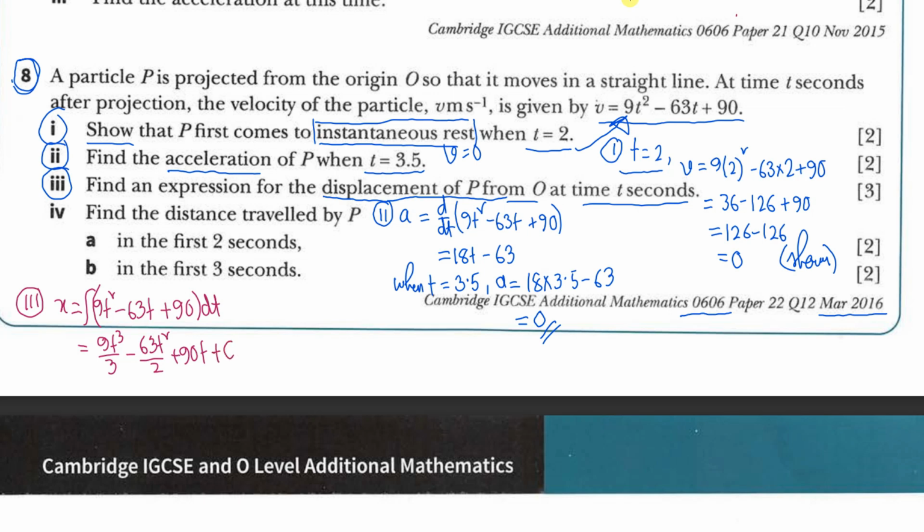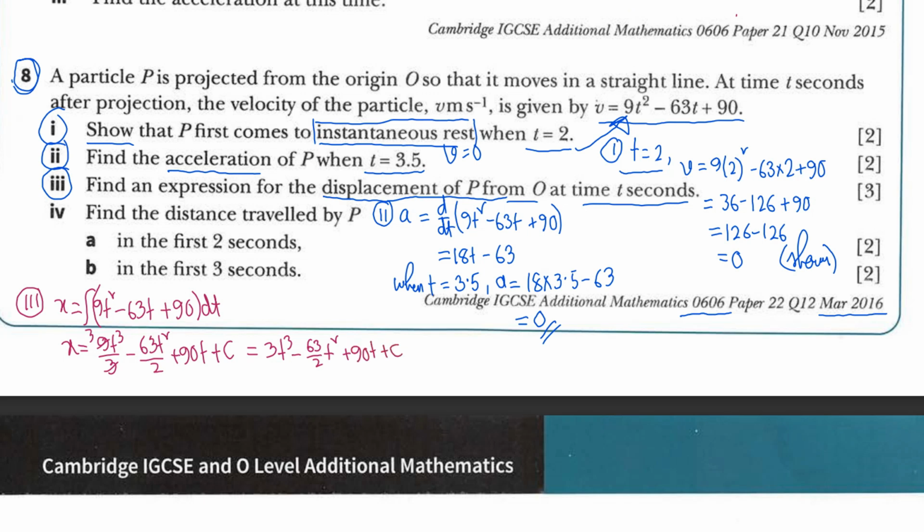This is the expression of x. We now have to find the value of c. Writing the expression in simpler form, we can cut out 3, and it becomes 3t to the power 3 minus 63 by 2 t squared, plus 90t, plus c.